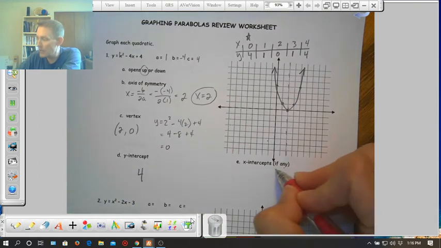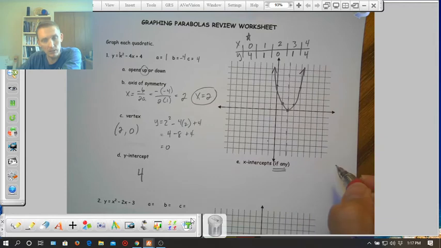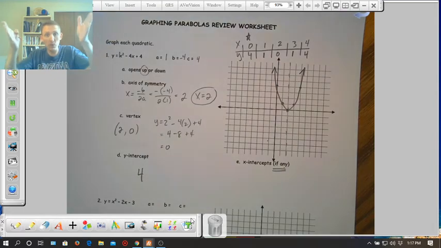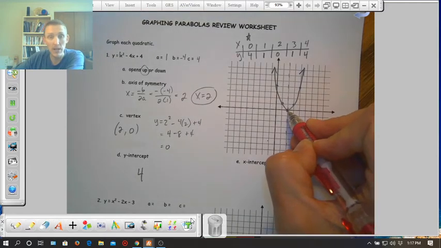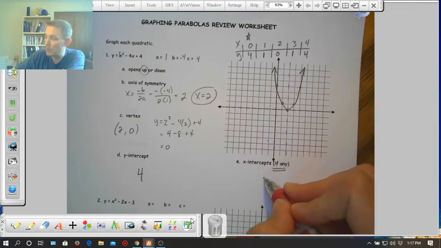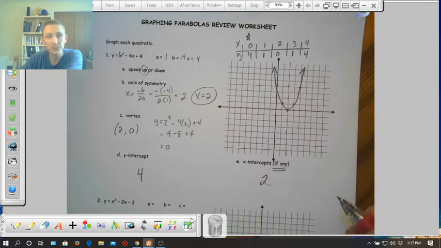Now it says x-intercept, if any. This particular graph has only one x-intercept. If you recall from yesterday's lesson, where we talked about using parabolas, there were always two. That's because the parabola would cut through the x-axis twice. Well, this one, because the vertex is on the x-axis, there's only one x-intercept, and that x-intercept would be 2.